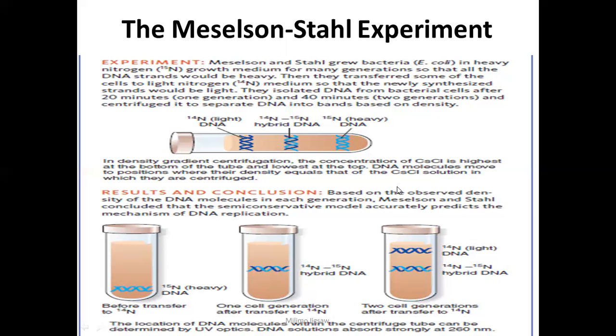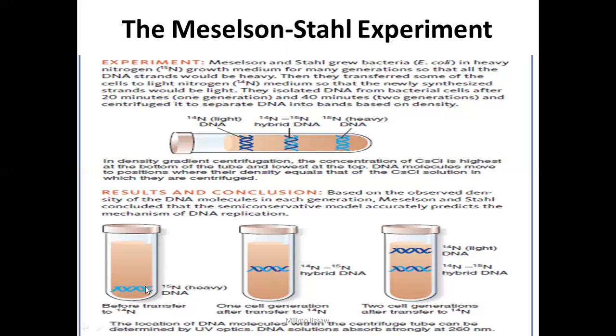So when they centrifuged the DNA from the 15N, after growing it in the 15N, before they transferred it to the 14N, what happened was that all the DNA was heavy. So it was 15N DNA, so it was heavy.